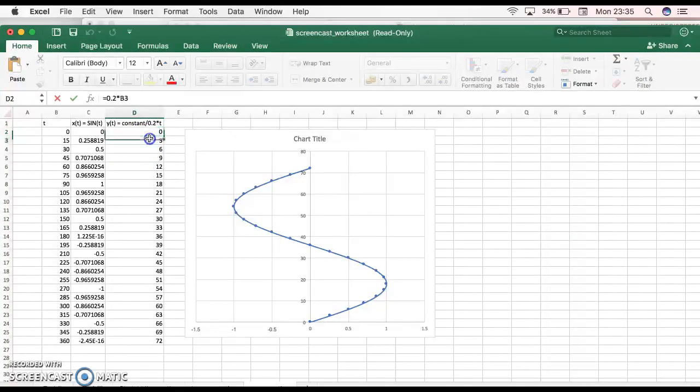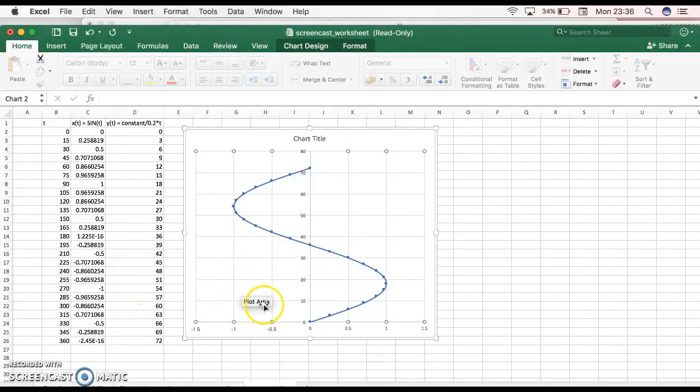Now, to get this, we will be multiplying our value of t, which is our time, by the value of the constant. The constant will be the same throughout, but as the time moves, the constant will also move.